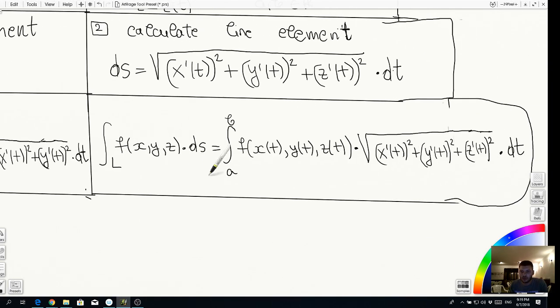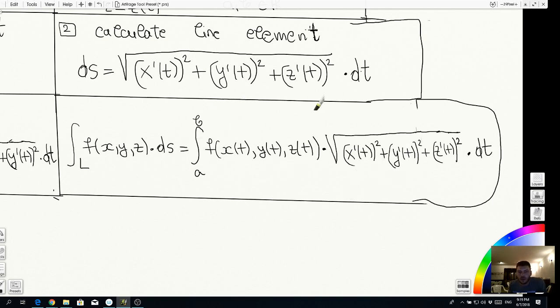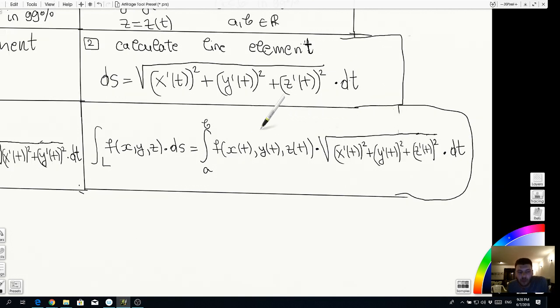And similarly in 3D case, the right side is an ordinary integral from a to b of scalar field f that now depends on only one variable t, and this is ds from the second step.